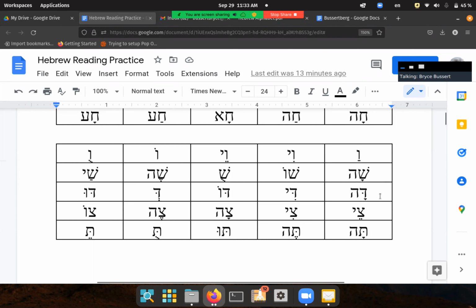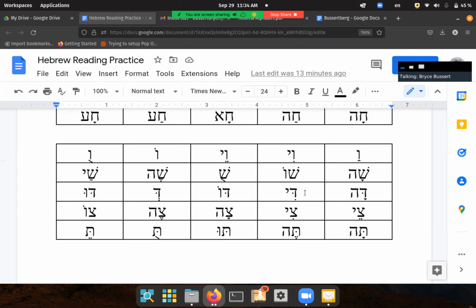Okay. Third row, first box is da. This dalet has a dagesh in the middle of it. If you recall, it is like gimel. It is a beged kefet. Beged kefet. So dalet, da.